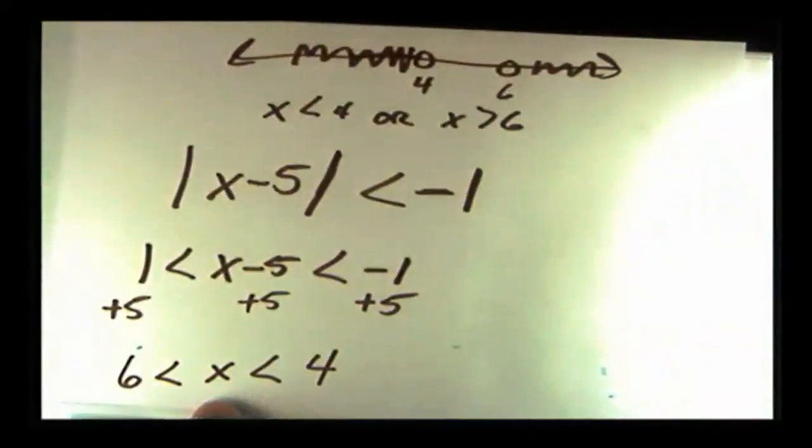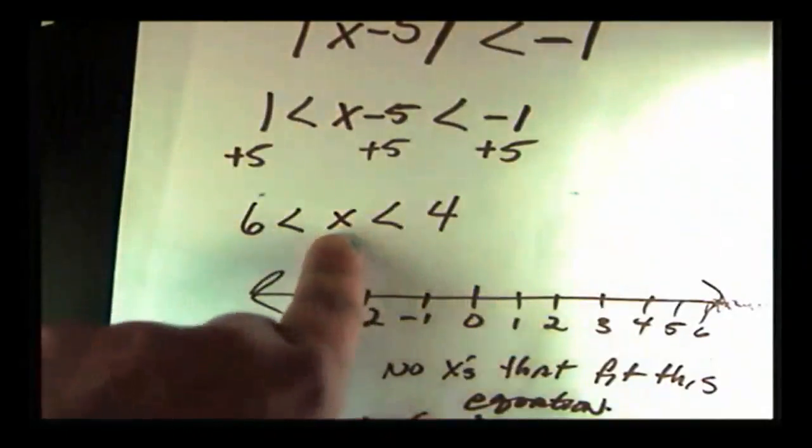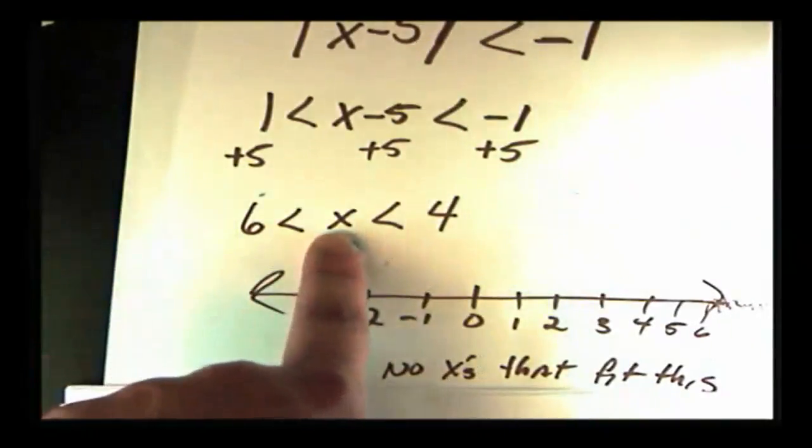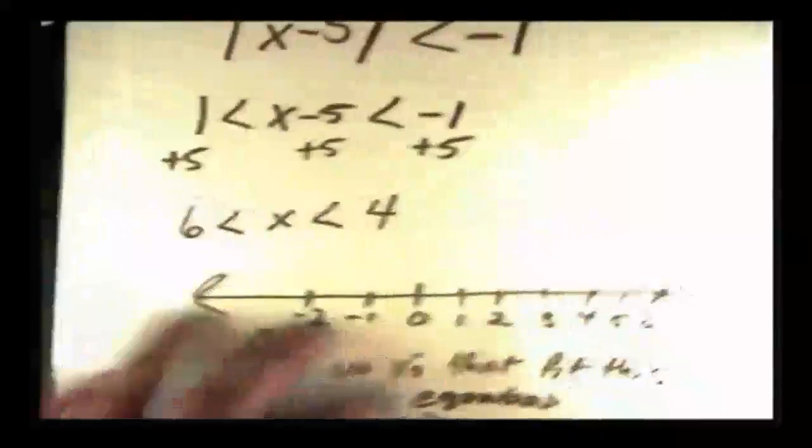This equation down here is saying x is greater than 6 and less than 4. So not possible. So that's the skinny on that problem. If you think about it for a little while, it should make sense to you.